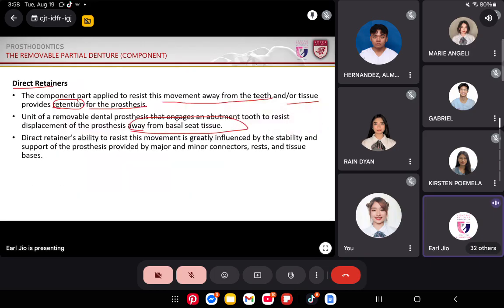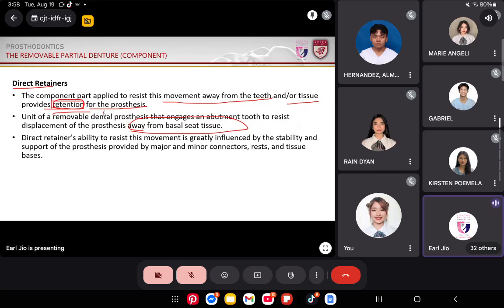Direct retainers: component parts applied to resist movement away from the teeth and to provide retention. Again, the meaning of retention is that it prevents movement or resists displacement away from the soft tissue.